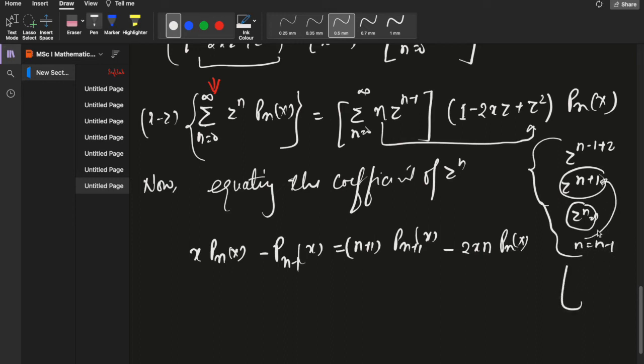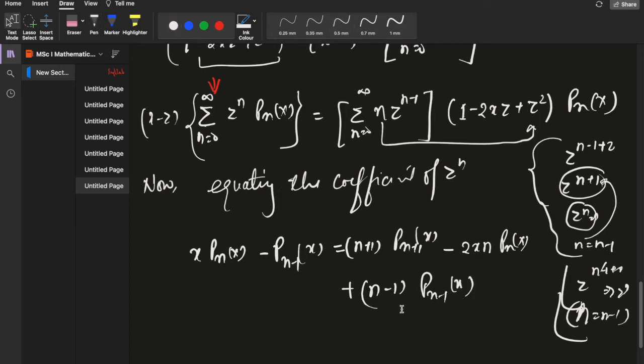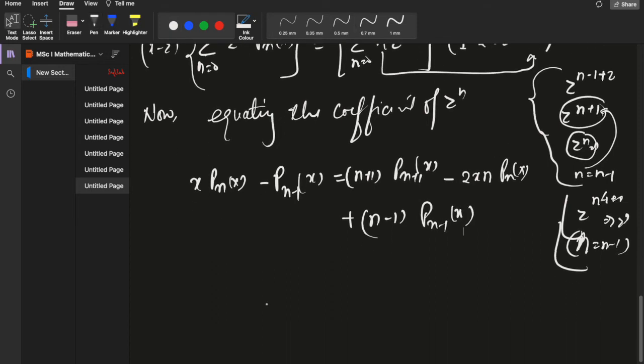Just put n minus 1 here, n minus 1 plus 1 will give me z to the power n. So for the third term, n must be n minus 1. So this must be plus 2 n P_(n-1)(x). Sorry, n will be replaced by n minus 1, so (n minus 1) P_(n-1)(x). Just rearrange this.